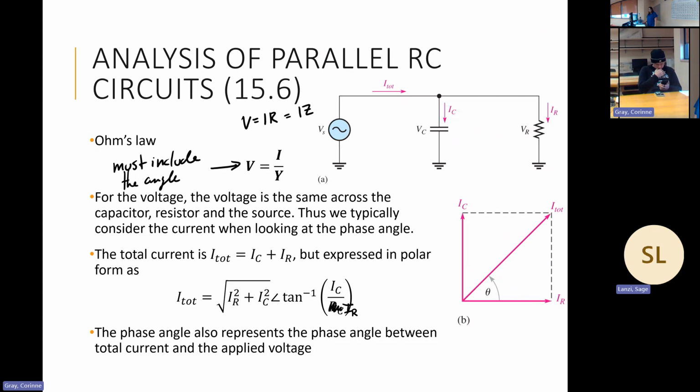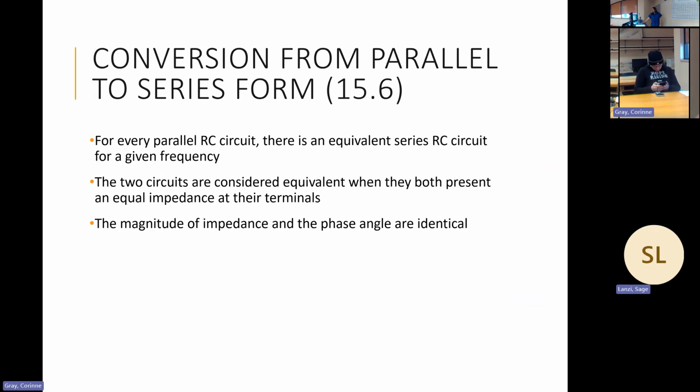Questions about current in a parallel RC circuit so far? So that stuff's cool. That's kind of what you're going to be able to do with it.